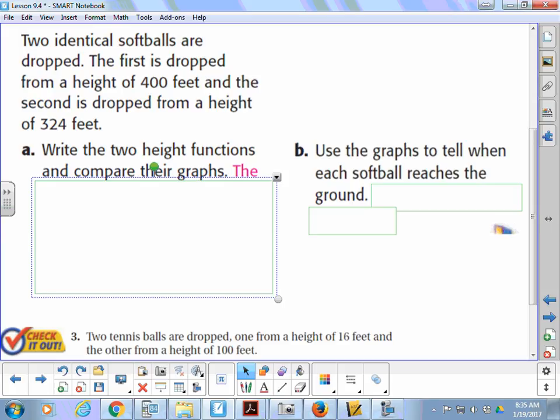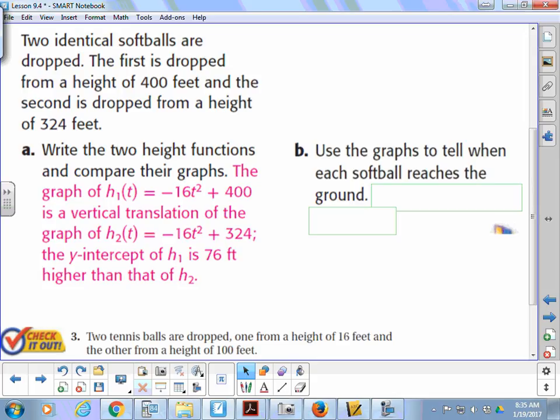They just differ in the height that they're being dropped from, so they have a different y-intercept. We're going to put these two equations into our y equals on our calculator, and figure out where or when they reach the ground.